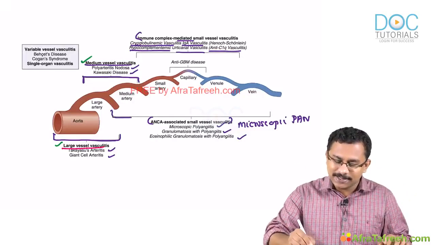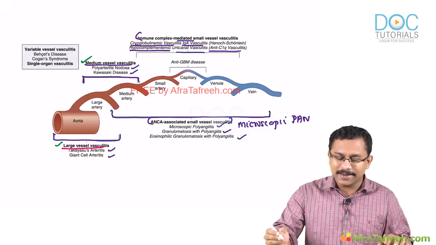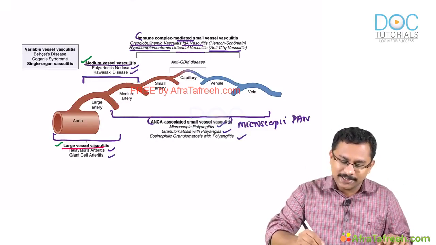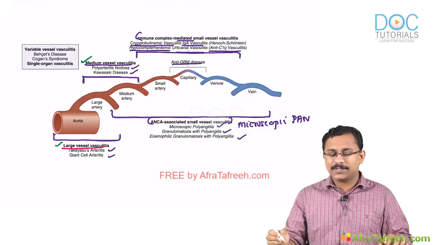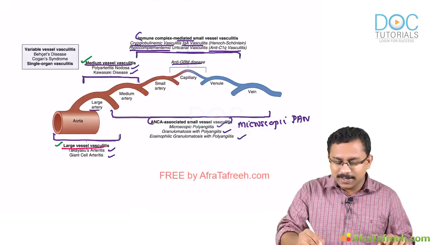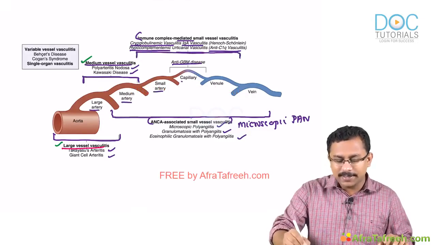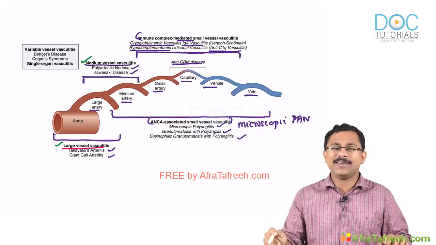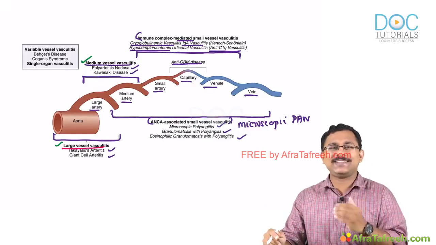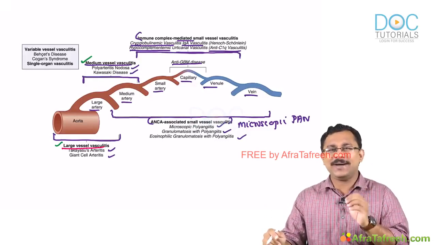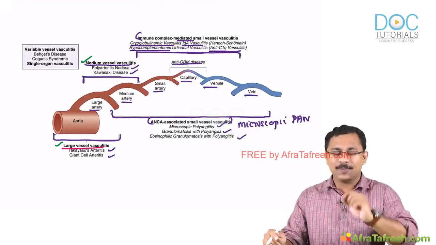And you can see the vessels affected in the ANCA associated vasculitis and the immune complex vasculitis. You can see the anti-GBM disease also. So this large artery, medium artery, small artery, capillaries, venules, veins. Alright, so we have learned the classification. This is one picture that should be there in your mind forever, very, very important.